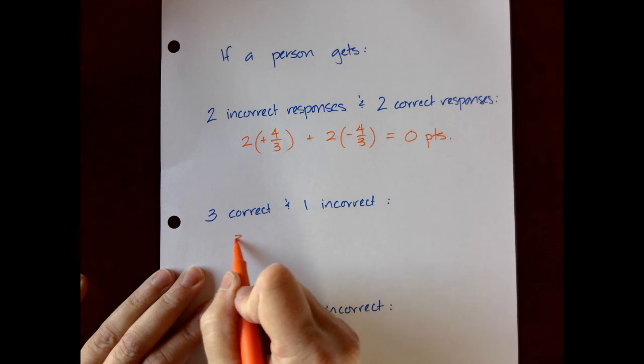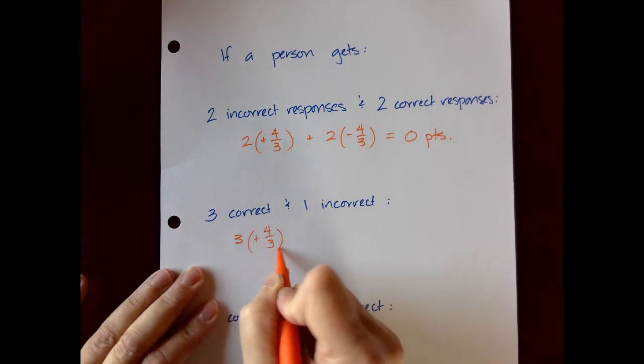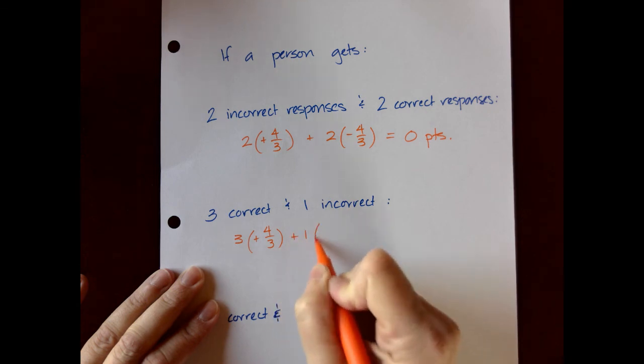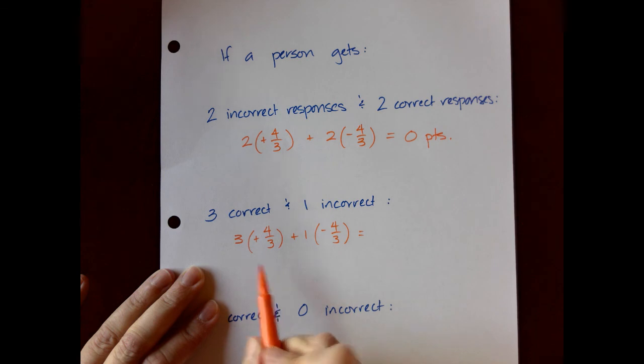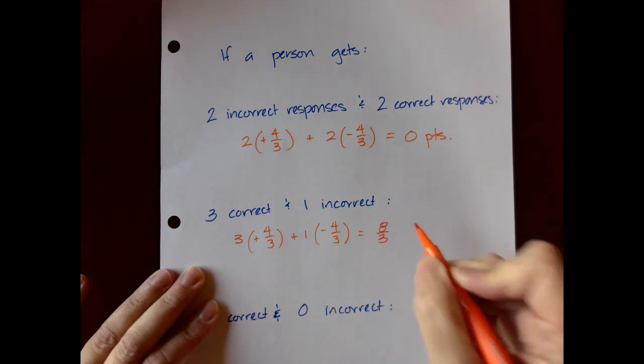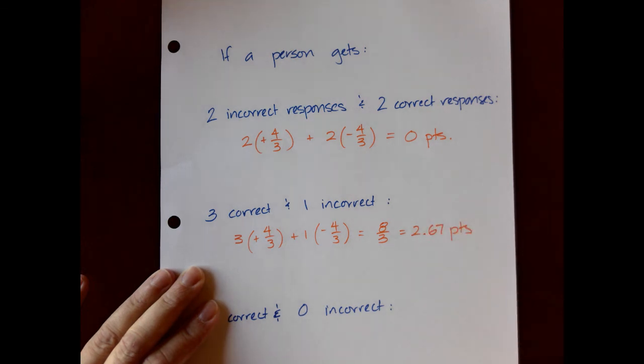If they get 3 correct, they'll have 3 sets of positive 4/3 plus 1 set of negative 4/3. This is 12/3 minus 4/3. They would get 8/3 of a point, which would probably say something like 2.67 points in Canvas.